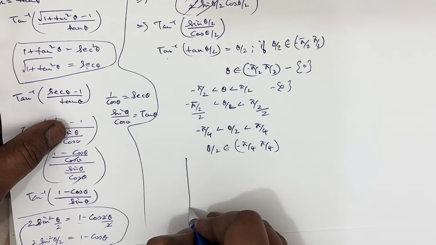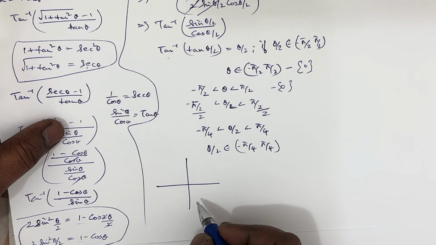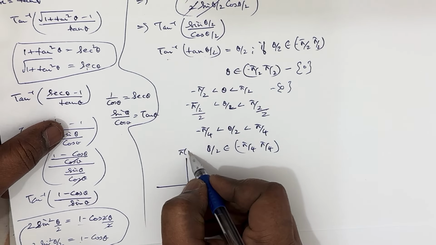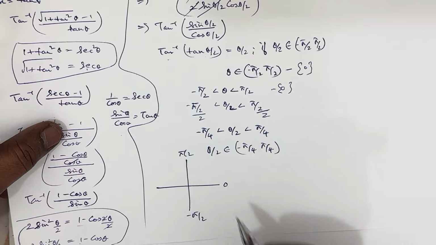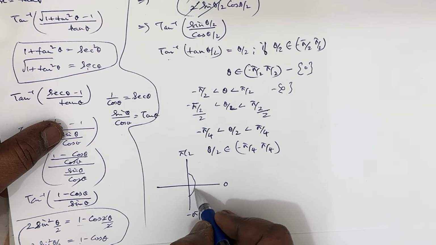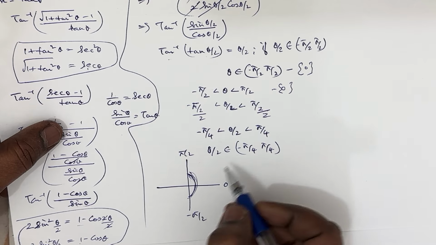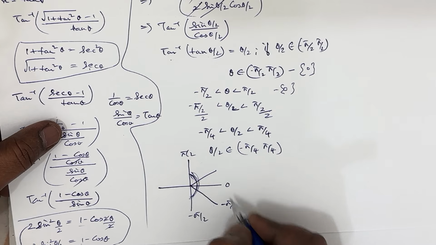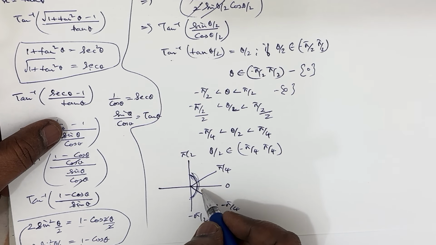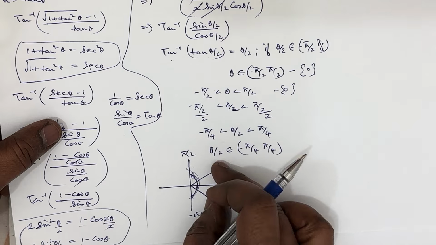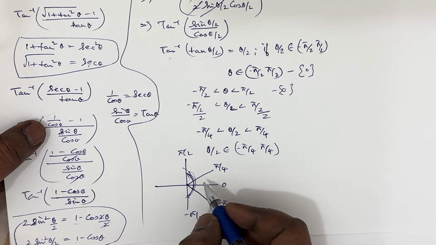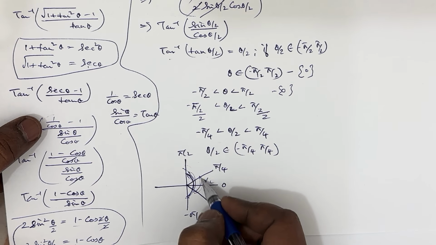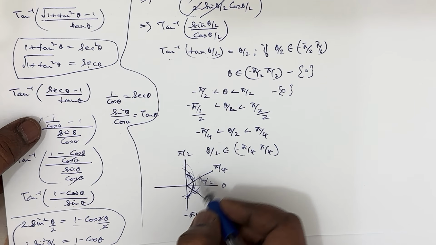Now when you look at the ratio chart, you can see that this is minus pi by 2, this is pi by 2, and this is 0. The range of tan inverse exists here, this whole area, but here theta by 2 is in the range minus pi by 4 to pi by 4, which is in the range of the tan inverse. So our theta by 2 exists in this range, which is within the required range.